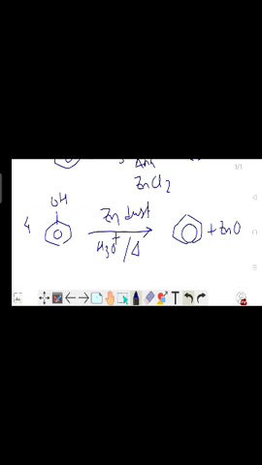Next reaction is the halogenation reaction of phenol. And you know, when benzene reacts with halogen, then a Lewis acid is required. But phenol is more nucleophilic in nature compared to benzene.